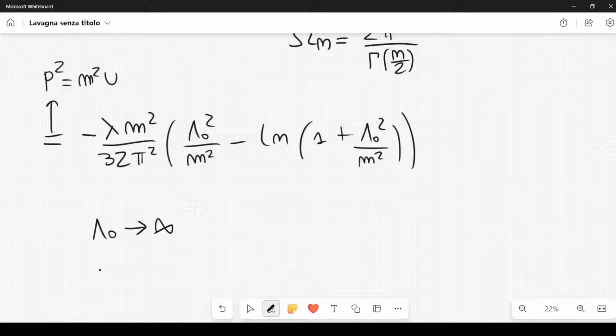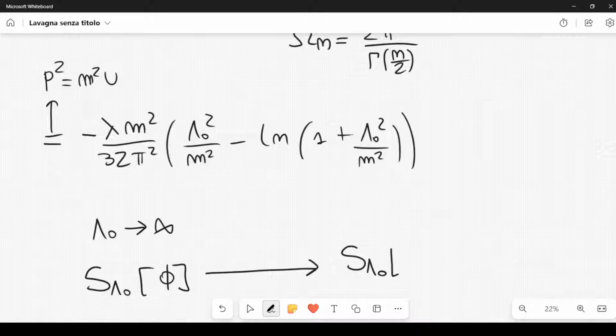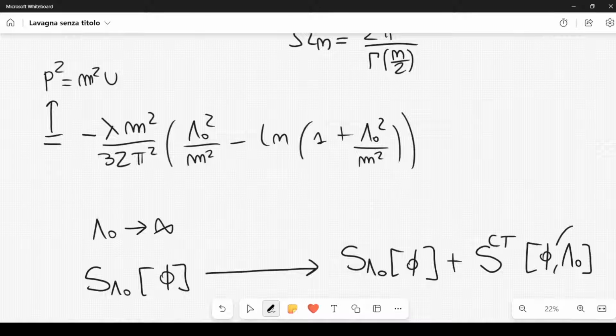So in particular, remember that we started from the action S sub lambda 0 of phi, and this will have to become something like this: S sub lambda 0 of phi plus a counter term of the following kind: S_ct of phi and lambda 0. So ct stands for counter term, and this action will depend on the field phi and also on the energy scale lambda 0.